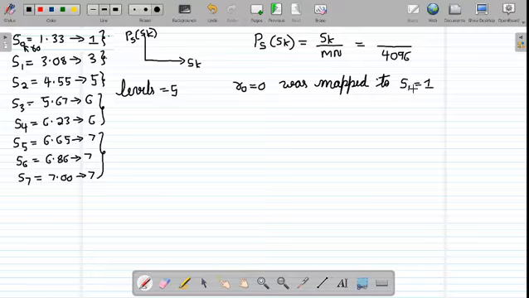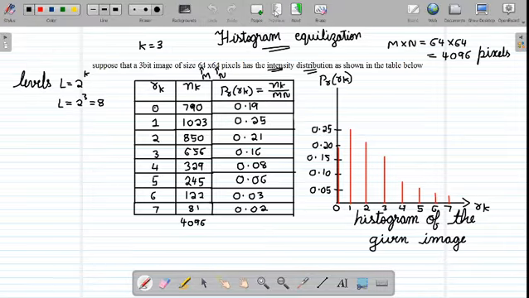You know the intensity level, but you don't know the number of pixels. So you go in the reverse procedure. 1 means it is mapping to 0, so you look at the table which was given. 0 has a total of 790 pixels.